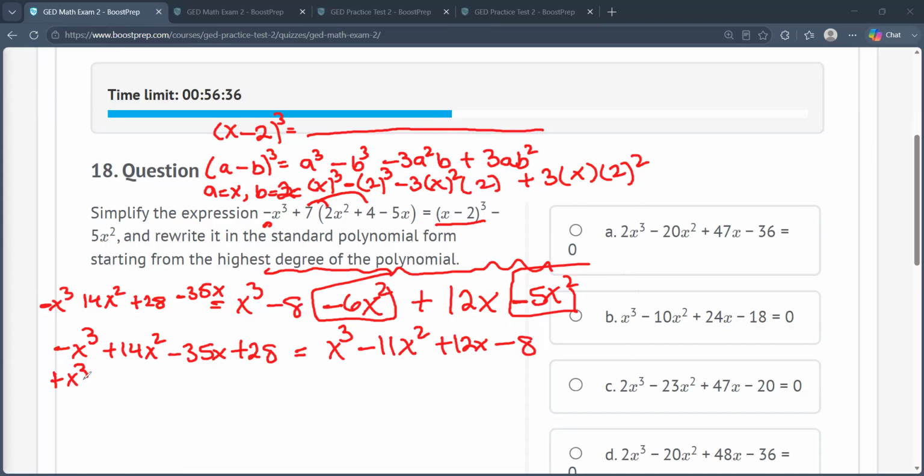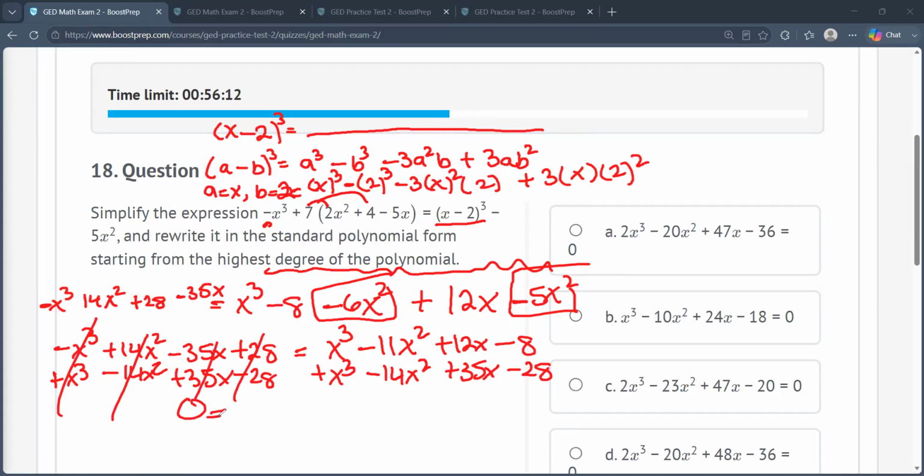So I'm going to add x cubed, subtract 14x squared, see how I'm aligning them by their power? Add 35x, subtract 28. So 0, 0, 0, 0, zeroed out. On the left is zeroed out.